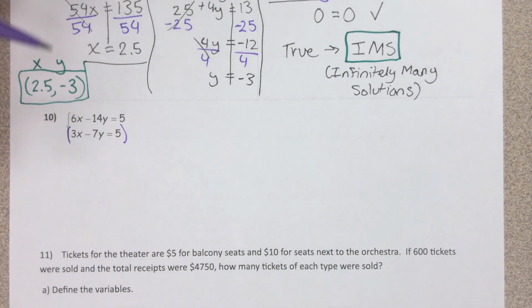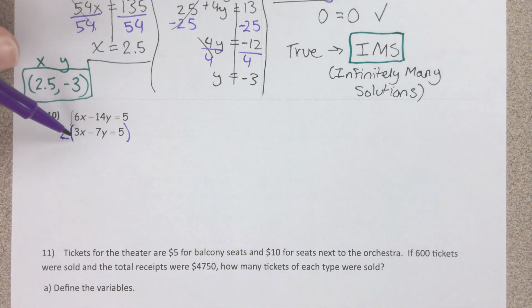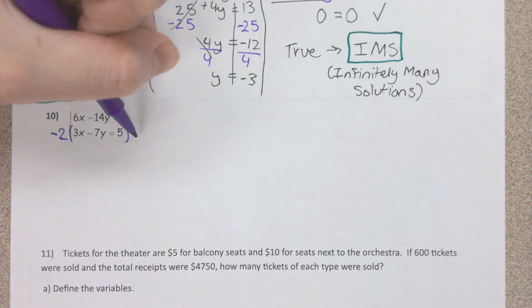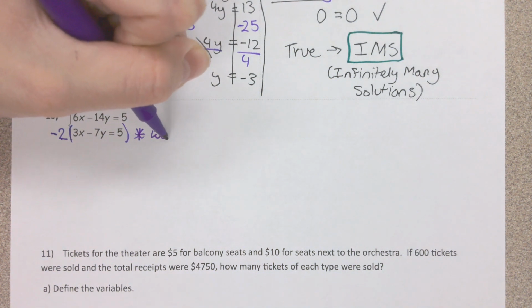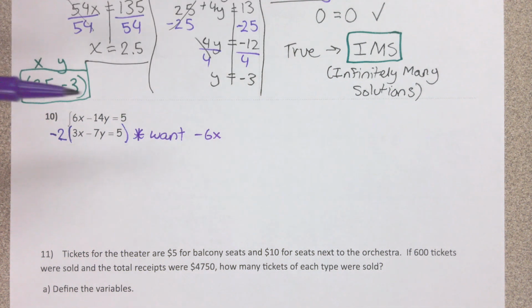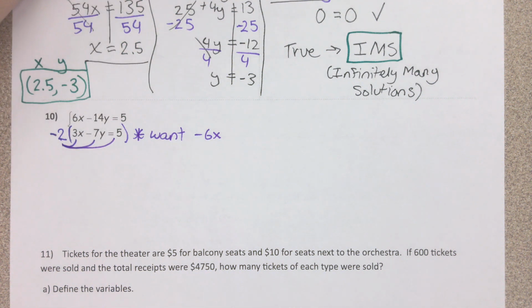So to turn 3 into 6, I need 2. Also, I need this to be a negative so that it cancels with the 6 above it. So this is a negative 2. And just so I'm keeping track, this will be negative 6x. And negative 6x will cancel with positive 6x. So I'm going to distribute through on that.